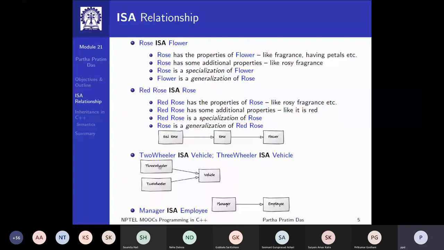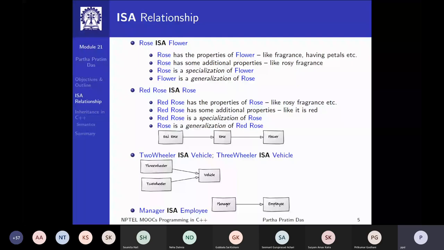So it is possible that in case of rose also, in case of flower also, I could have drawn that kind of a diagram. I could have said jasmine is a flower. Here I'm saying that two-wheeler is a vehicle, three-wheeler is a vehicle. So I have an is-a relationship between two-wheeler and vehicle as well as between three-wheeler and vehicle. This is the basic idea that we are trying to elucidate.